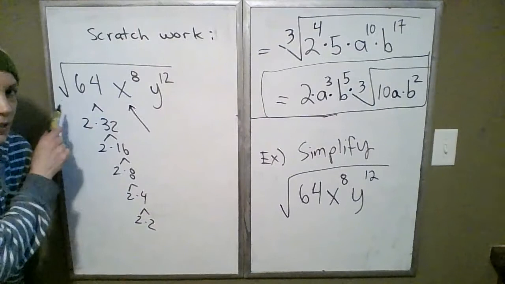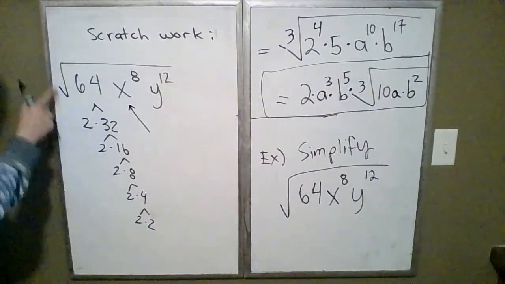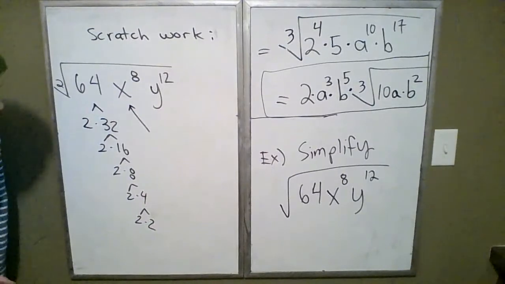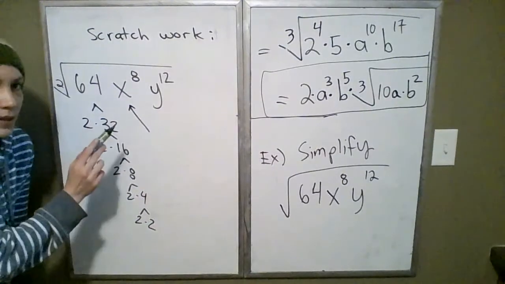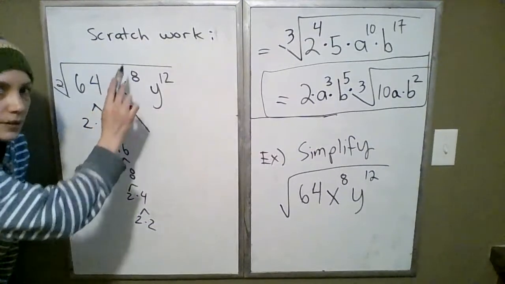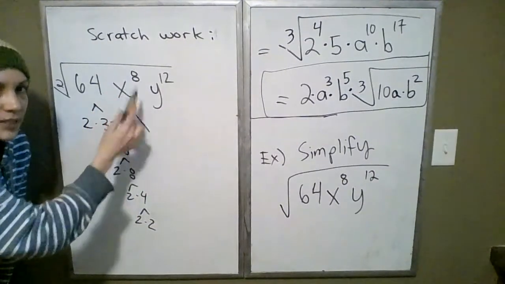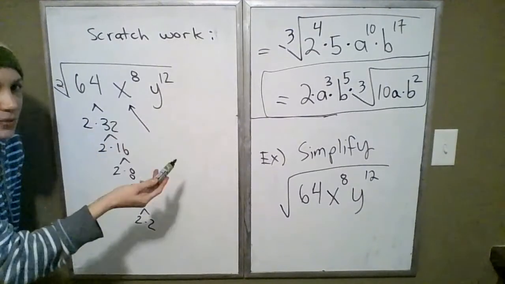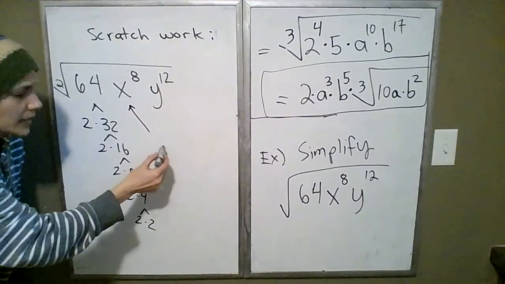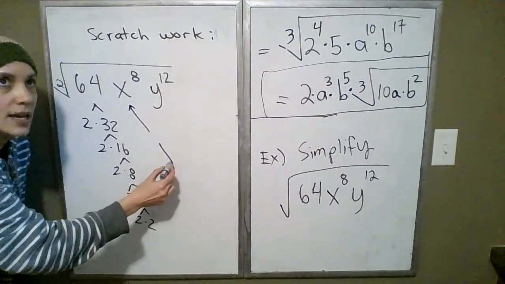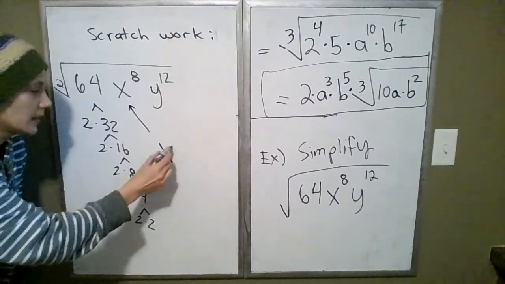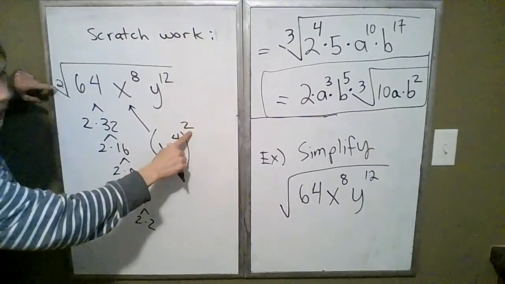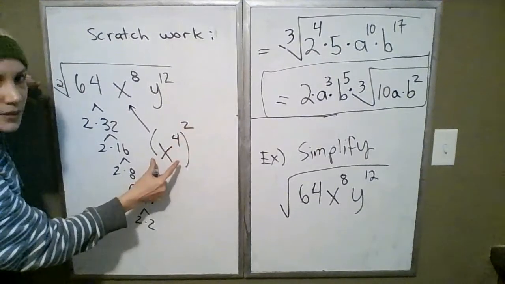Which, by the way, since it's a square root, there's a 2 right here. So if I can get some exponent of 2 on this factor of x, I can have that match the root, and I can simplify that part of the problem. I can actually write this part as x to the 4th squared to get that matching root and power, and it will leave x to the 4th.